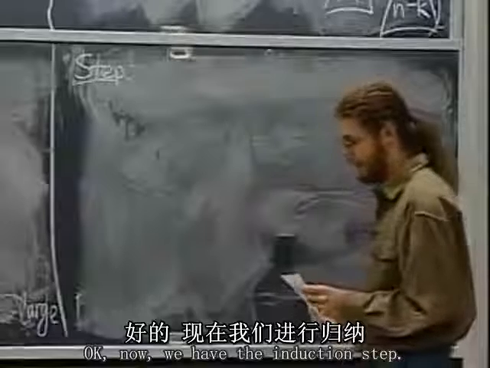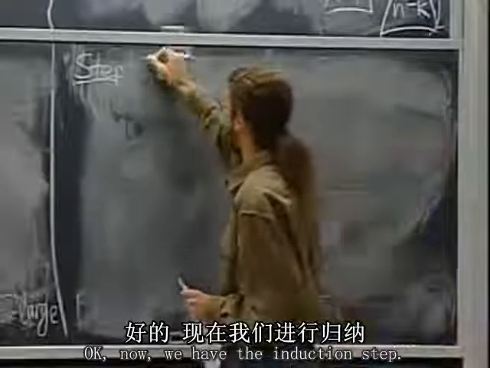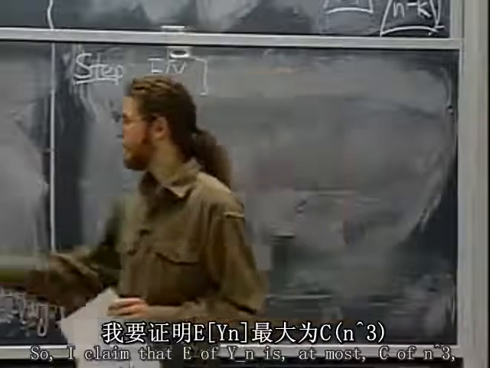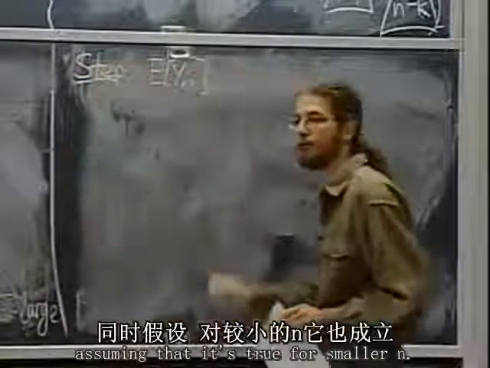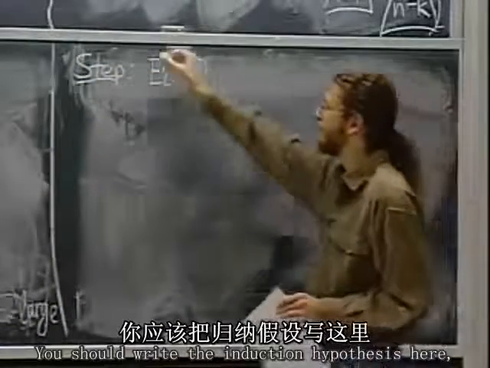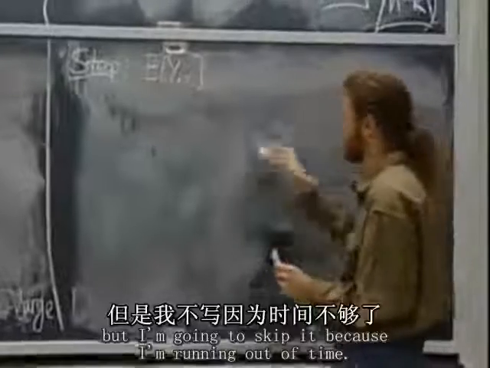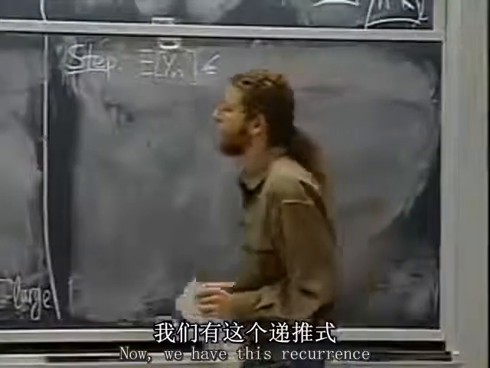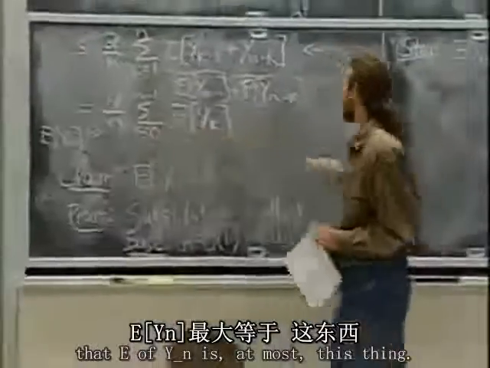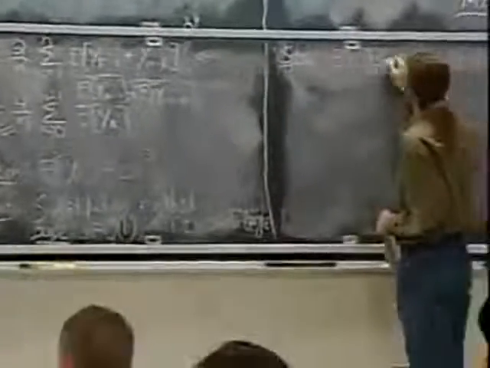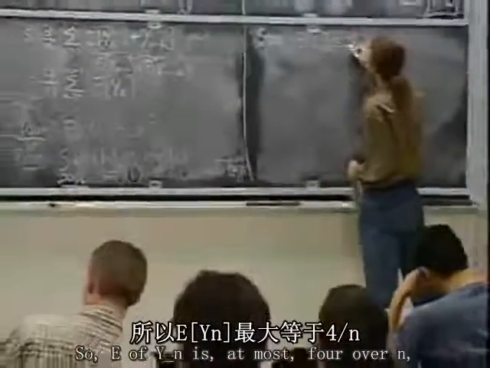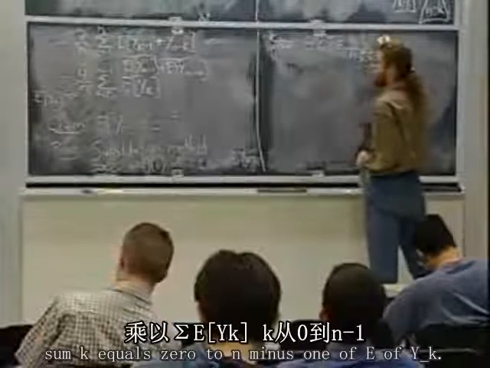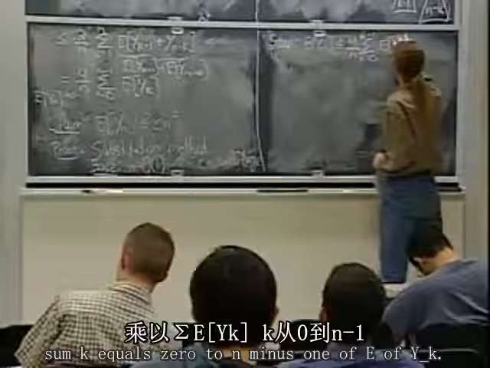Okay, now we have the induction step. So I claim that E of Yn is at most c times n cubed, assuming that it's true for smaller n. You should write the induction hypothesis here, but I'm going to skip it because I'm running out of time. Now we have this recurrence that E of Yn is at most 4 over n sum k equals 0 to n minus 1 of E of Yk.